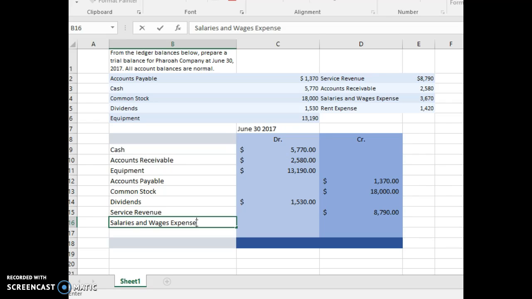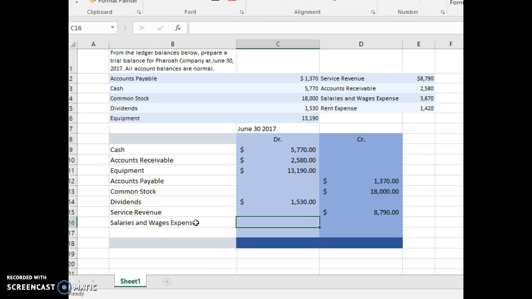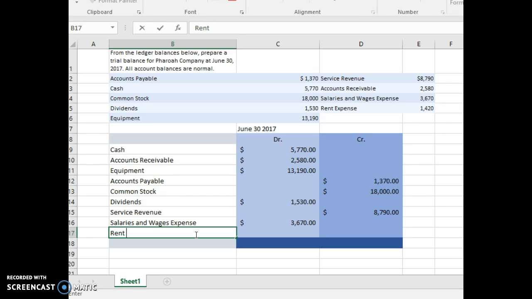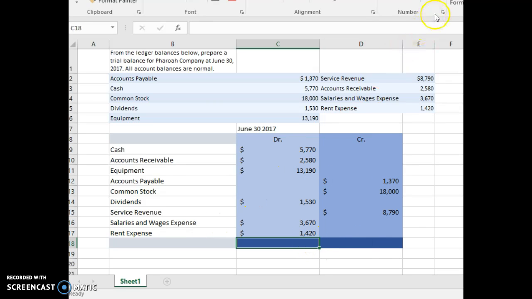And expenses have a normal balance of a debit. So we'll put $3,670 debited, as well as rent expense, which is also debited. We will debit $1,420. Okay, I just quickly removed the decimals so that's easier to read for you.